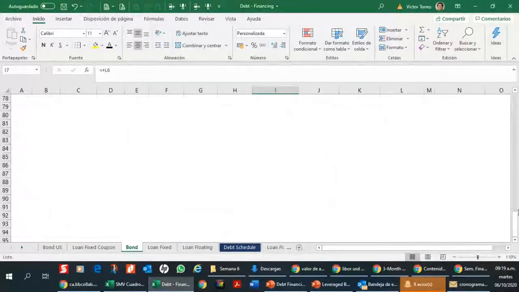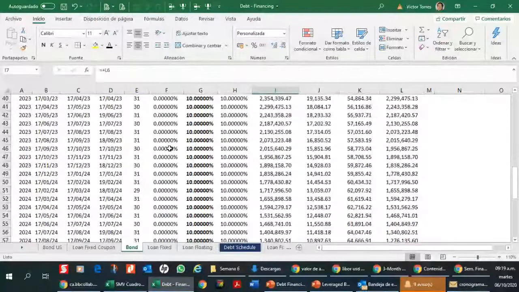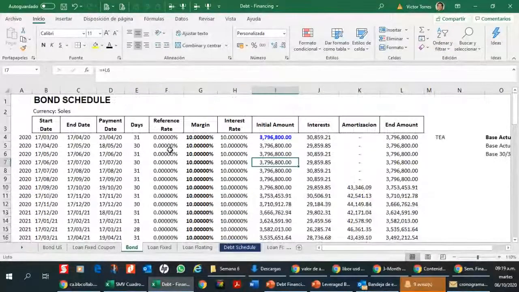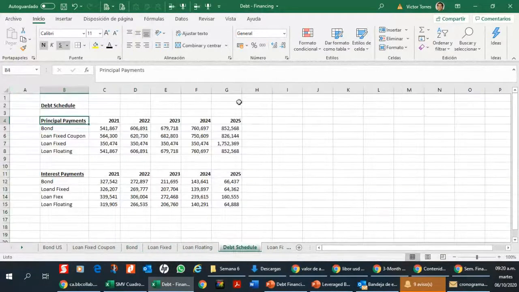Never put them below, because then you make a change on this schedule that you would like to incorporate, and you're affecting the other schedules completely. It's better to have them structured. But I do prefer this scheme, because it allows us to quickly capture all the information from the debt financing of the company this way in general.